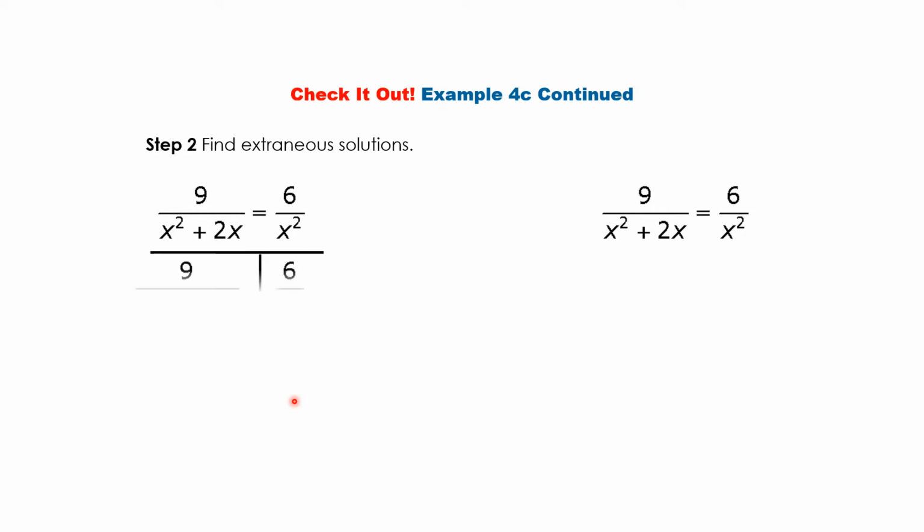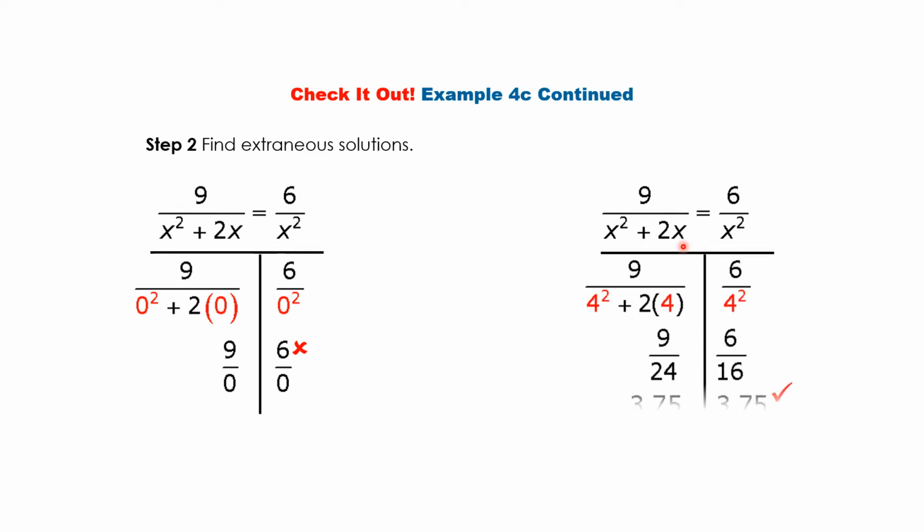And then, let's try to substitute. If we substitute 0 in the variable, 0 squared is equal to 0, and 2 times 0 equals 0. Therefore, the denominator is 0. Here, 0 squared equals 0, and both denominators are 0. Therefore, they are undefined. What about this one?